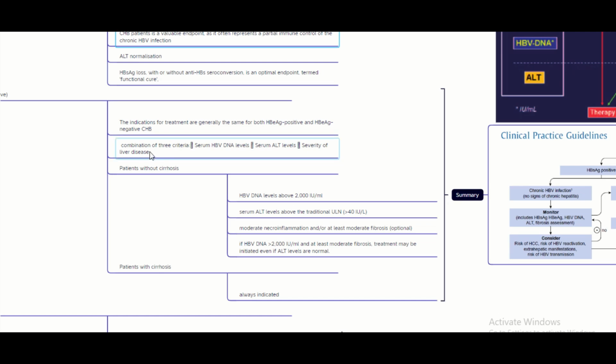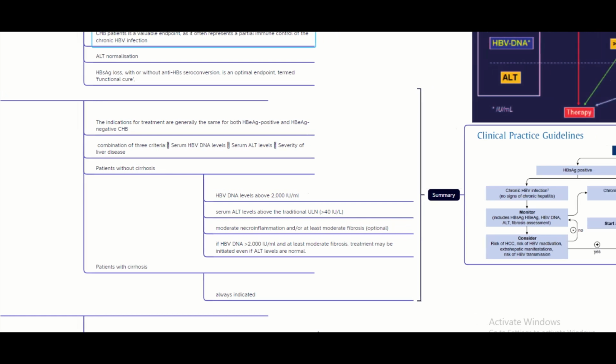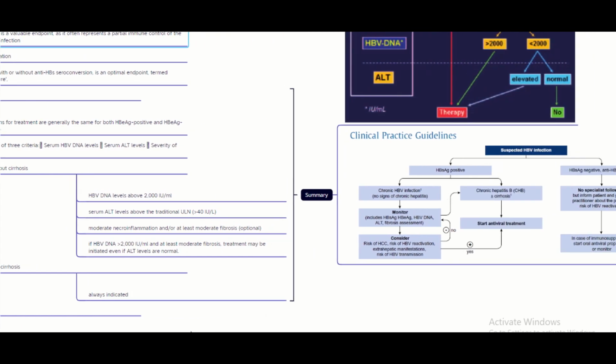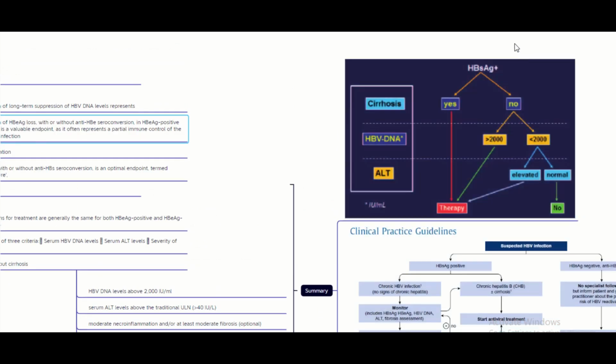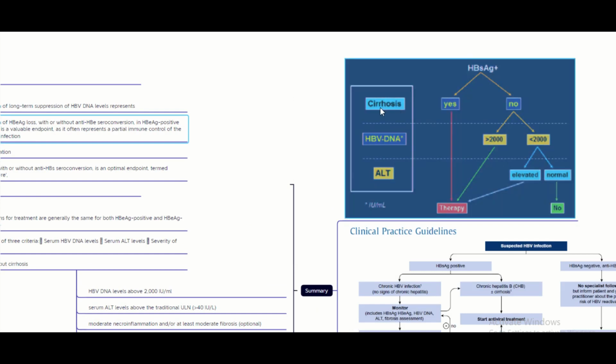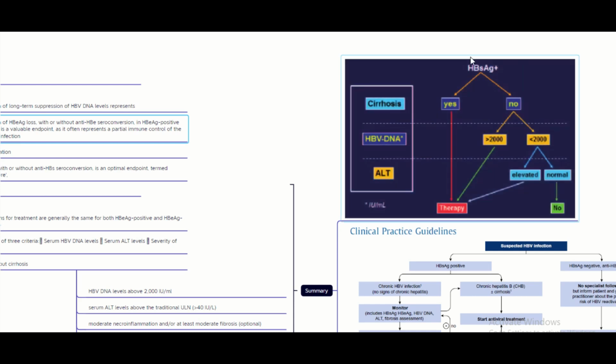If the patient is HBs antigen positive and has cirrhosis, we go into therapy. I'm sorry, if the patient is having HBs positive and cirrhosis, we go to therapy.